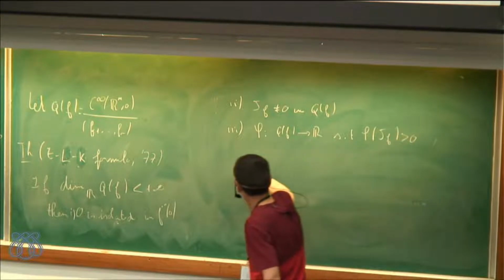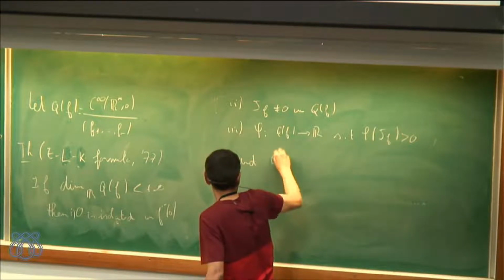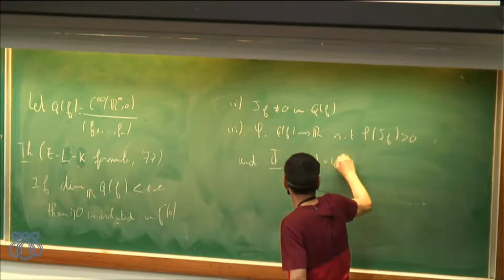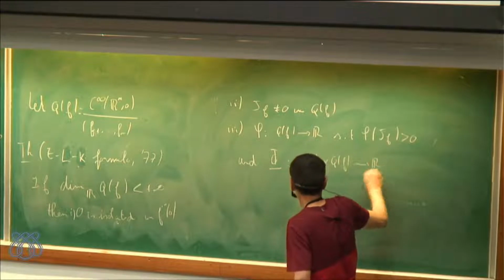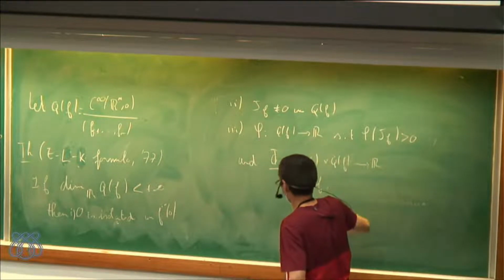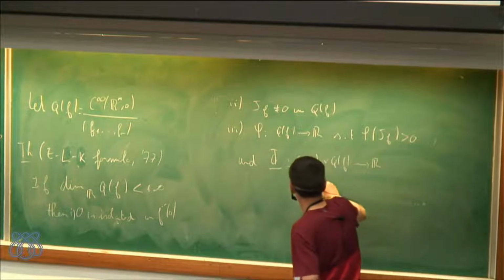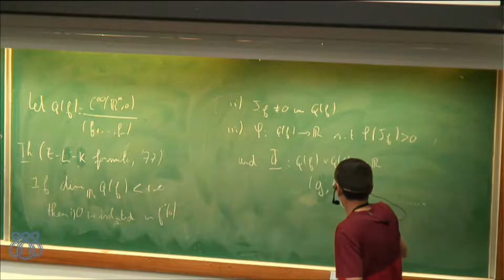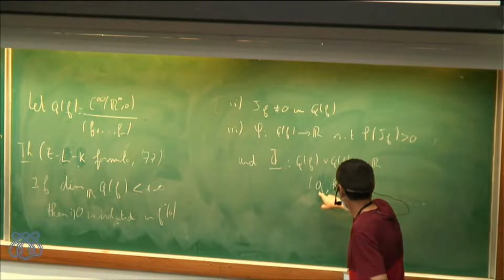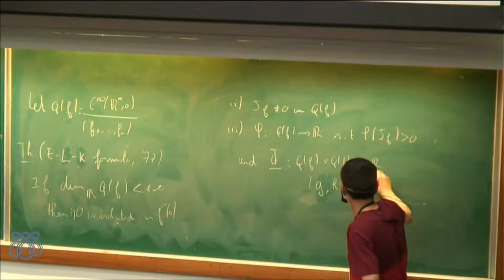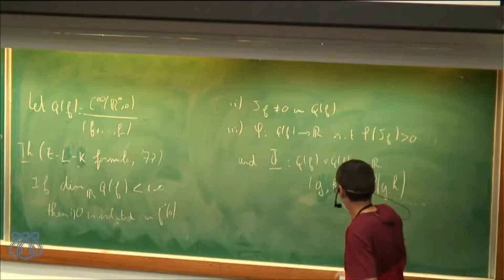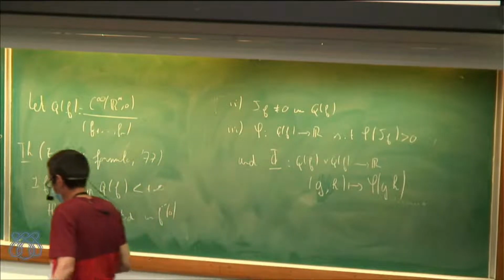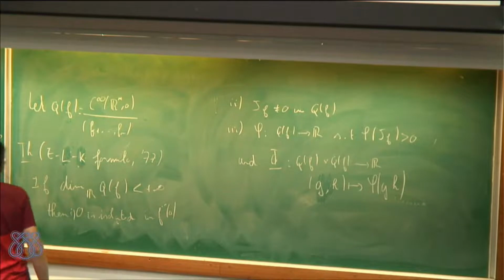and I construct a symmetric bilinear form capital Phi, by, so maybe f is not good, g and h, by applying phi to the product gh. Then this gives a non-degenerate bilinear form, and its signature is the degree at 0 of f.